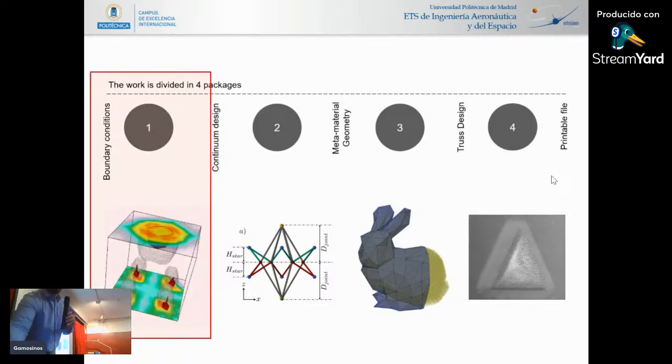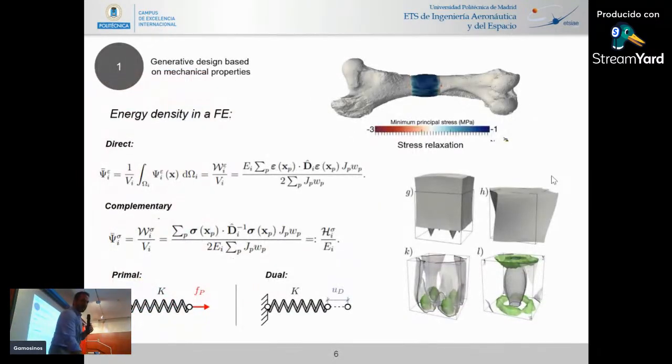So, just for a quick introduction, what we are doing here is to say, okay, we know the boundary conditions, we know the energetic behavior that we want to have, so we are going to grow the structure. Instead of designing, we are going to grow the structure. And some applications may be bone remodeling or some specific pieces that we're going to see.